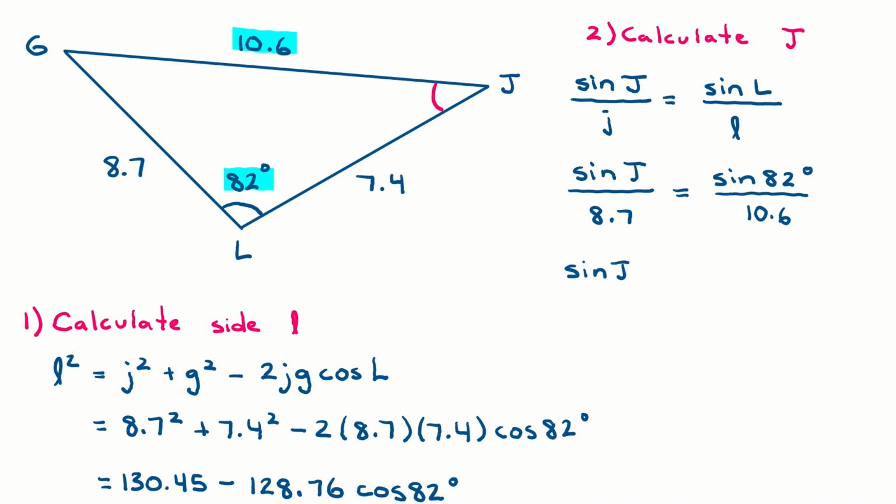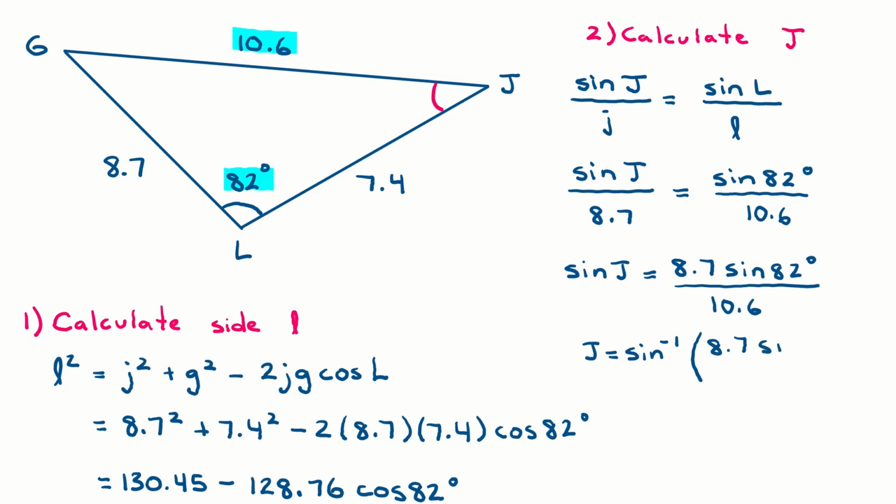Sine of J will then be equal to 8.7 times sine of 82 degrees divided by 10.6. And then we're able to take the inverse of both sides in order to figure out what J is equal to.